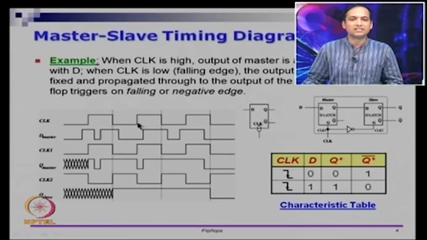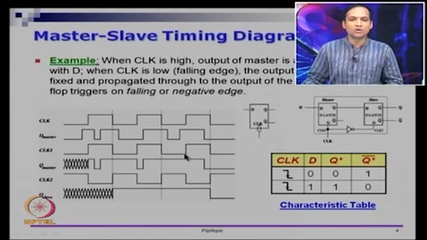Finally, again CLK comes on, which means CLK1 also comes on. So when CLK comes on, at the positive level it starts with 0, goes to 1, then stays at 1 till the clock is on, right. You will see that happening in Q also. It goes to 0 because when CLK1 came in, D master is 0, it starts with that, and then it goes to 1 at some point, stays at 1 till the clock goes off.